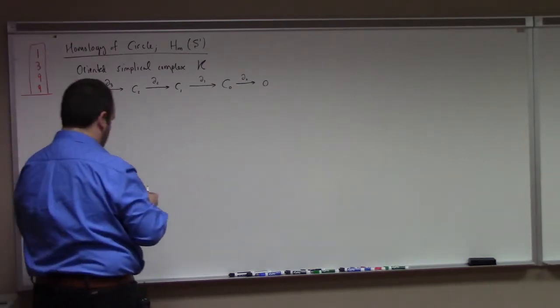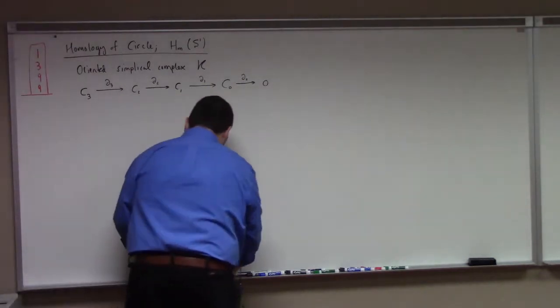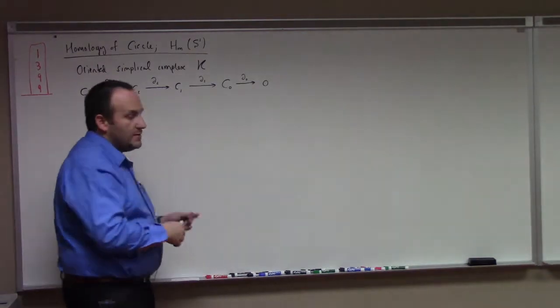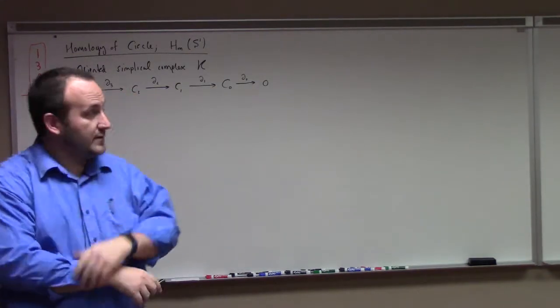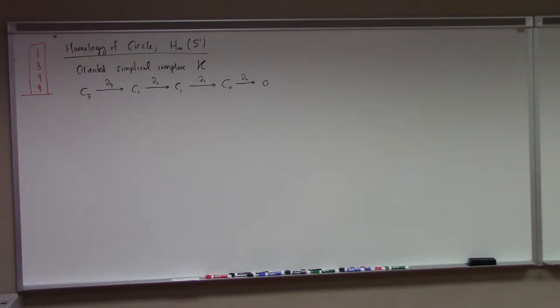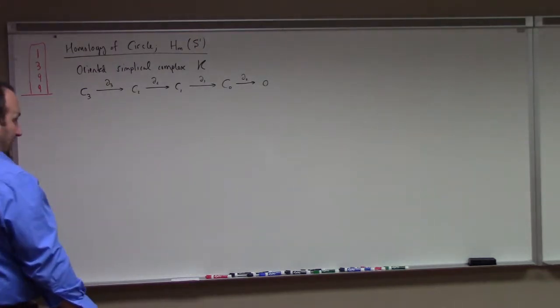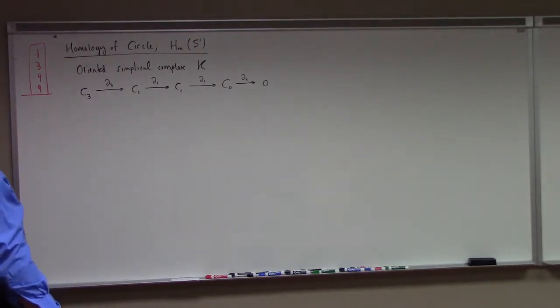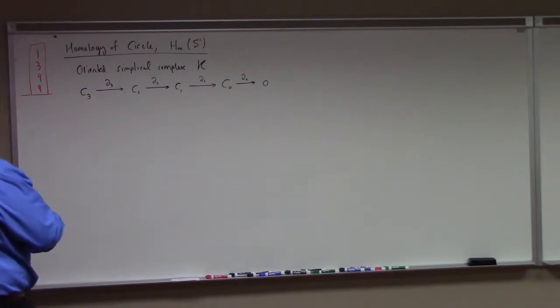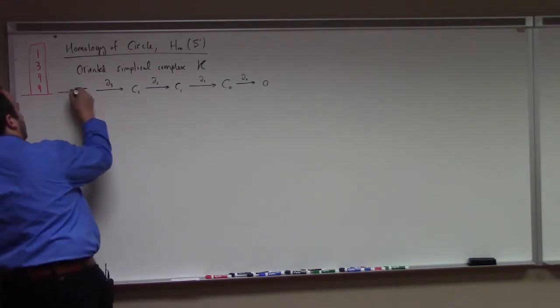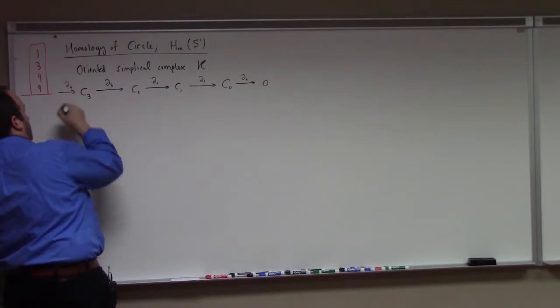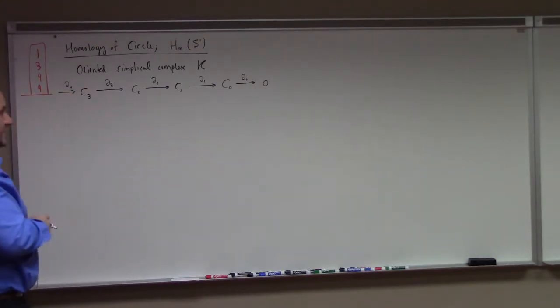There. So, as we've discussed, for the simplicial complex, you have simplices of different dimension, right? And then formal sums of those are called chains, m chains, right? And the boundary map takes you from m chains to m minus 1 chains.